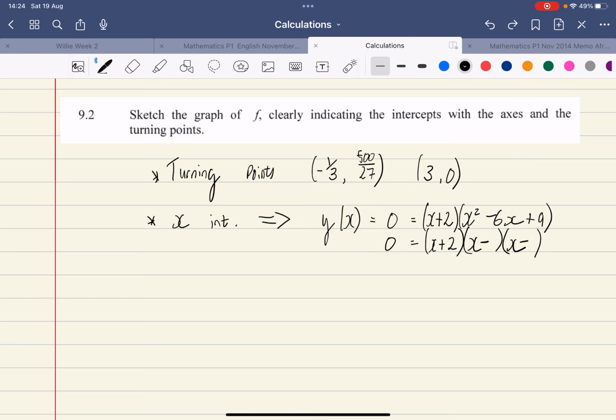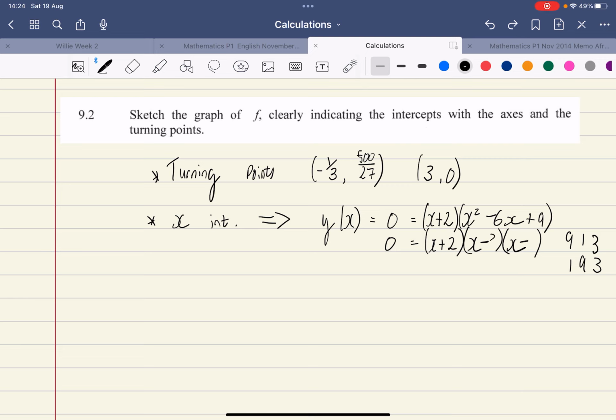So the factors of 9 are 9 and 1, 1 and 9, 3 and 3. So what combination of these pairs will give us our original quadratic? Well, let's have a look. We want minus 6. 3 and 3 looks pretty good.